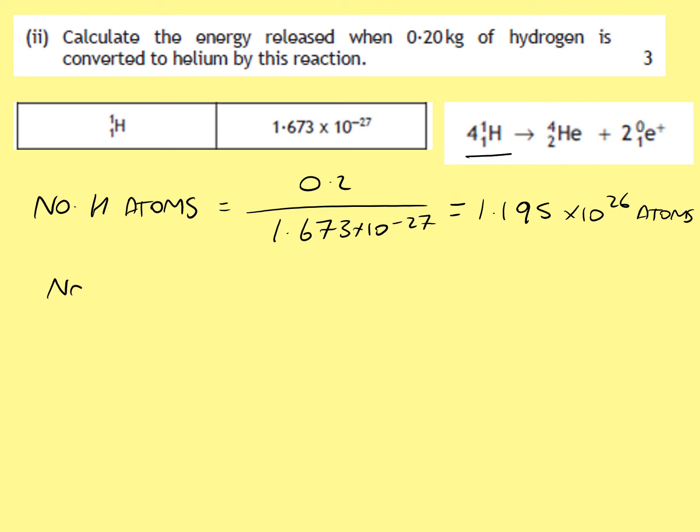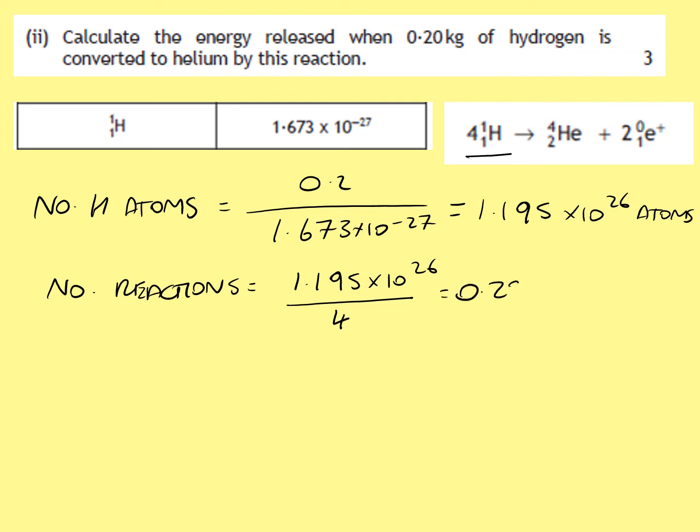Now to find out the number of reactions, we need to take the number of atoms and divide it by 4, because we know every individual reaction needs 4 hydrogen atoms. So the number of reactions is equal to 1.195 times 10 to the 26 atoms divided by 4, which is equal to 0.2989 times 10 to the 26. Notice no rounding here. Not yet.